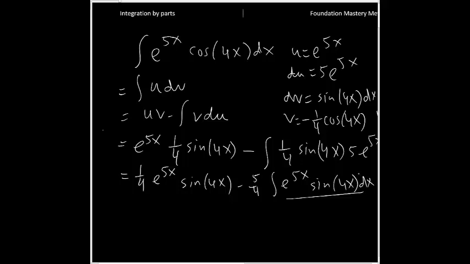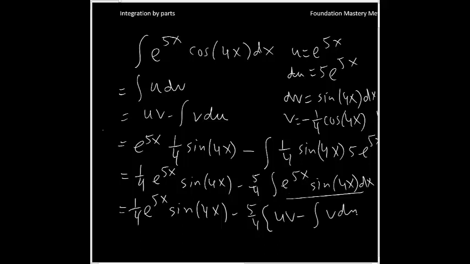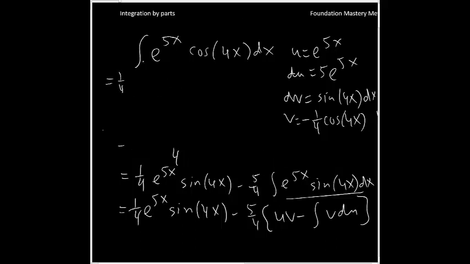So then that one is again going the uv method. So we have 1/4 e to the 5x sine 4x minus 5 over 4, and this integral is again giving me uv minus integral v du. It's a new integration by parts form. 1/4 e to the 5x sine 4x minus 5 over 4.